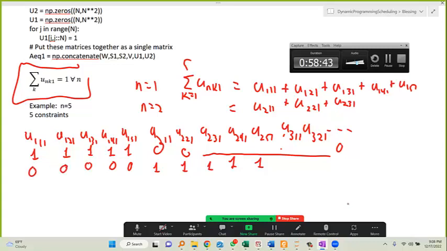But the 'for j in range of n' will be written differently. You can still write it the same, but the expression here will be different.